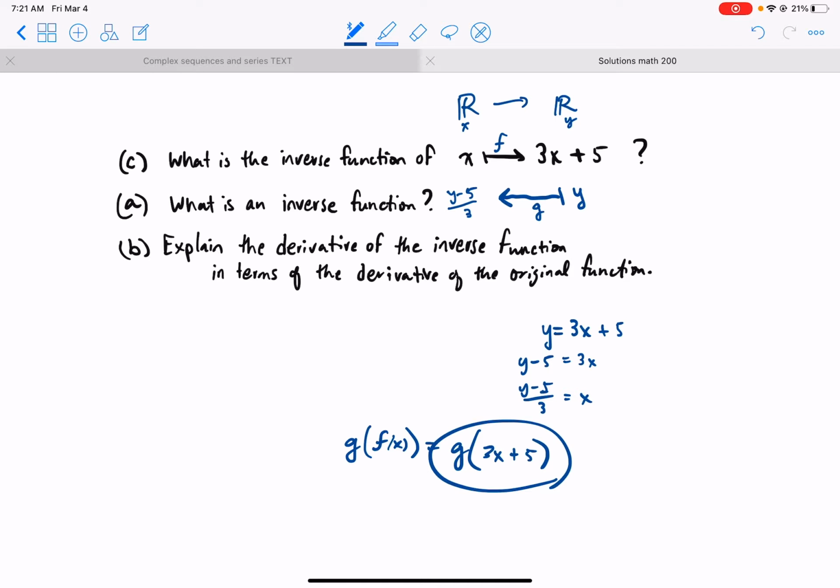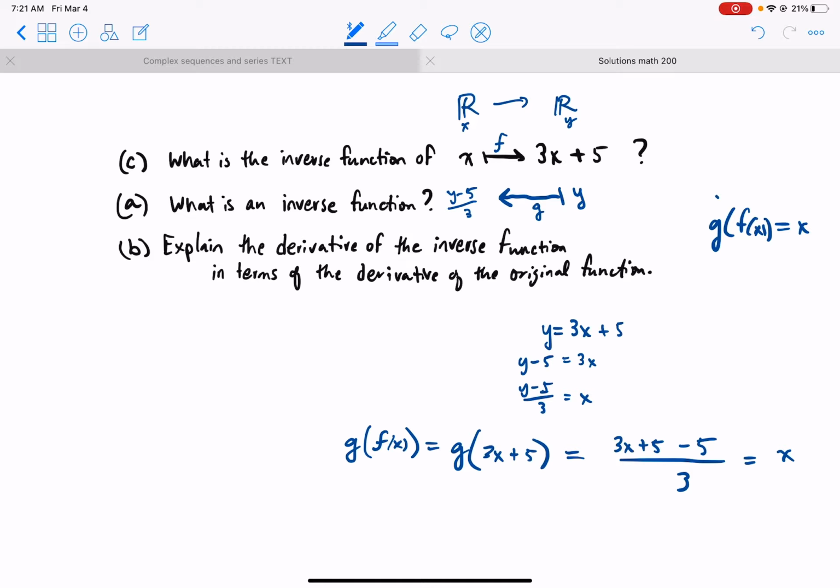Now what does g do to a number? g takes that number, subtracts 5, and divides by 3. Well, 5 minus 5 is 0, and 3x divided by 3 is x. So g of f of x is x again. g undid what f did.